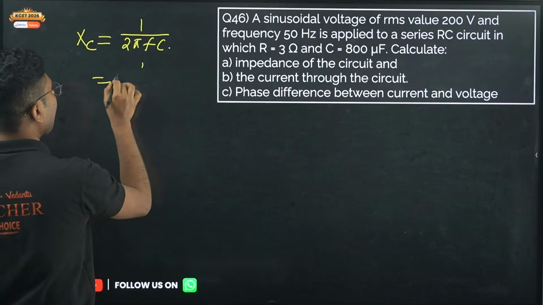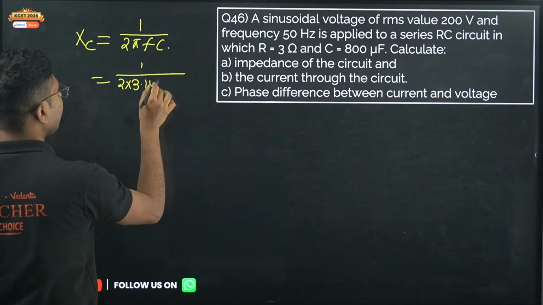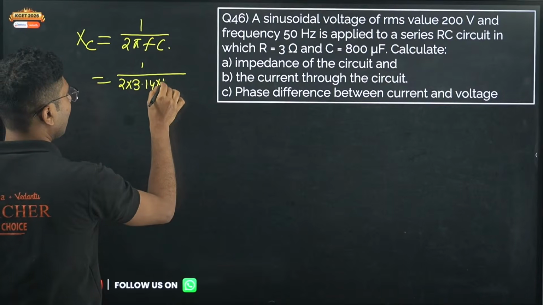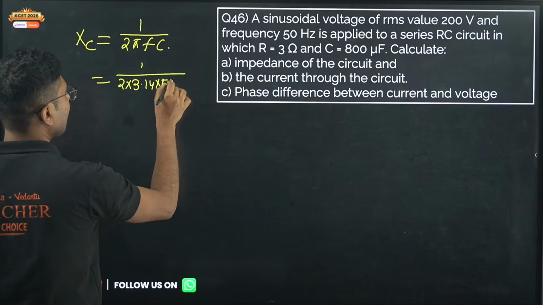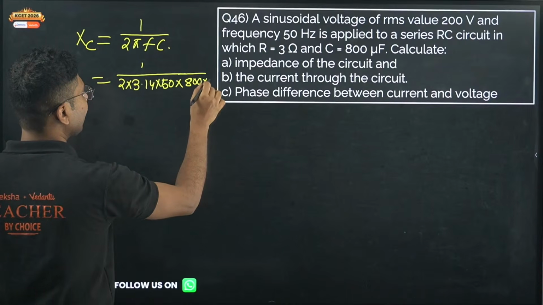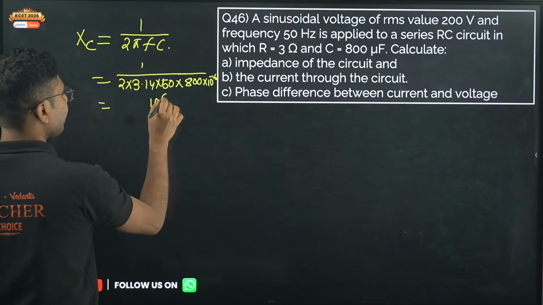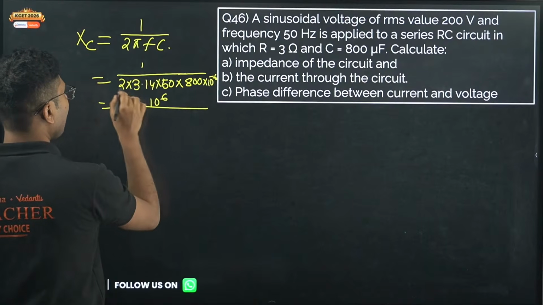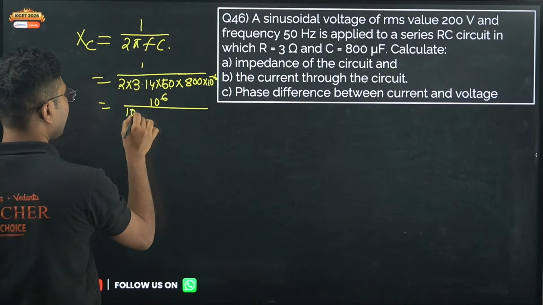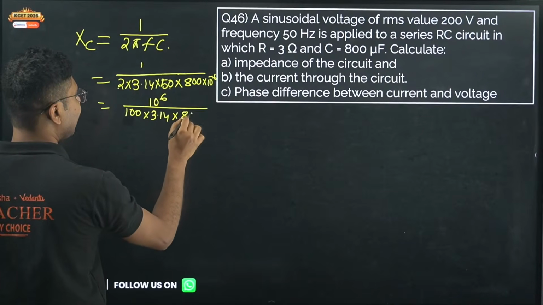That is 1 by 2 into 3.14 into 50 into 800 into 10 to the power of minus 6, or 10 to the power of 6 divided by 2 into 50, that is 100, into 3.14 into 800.